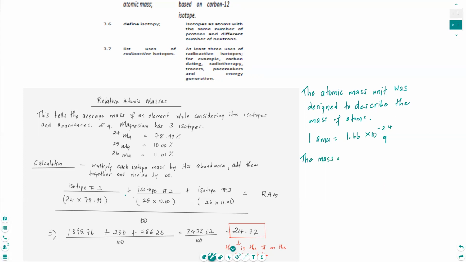So the mass of an isotope of carbon-12 was measured, right? So that was very tedious for them to do. And it was found to have an atomic mass, or a mass of 12 atomic mass units.